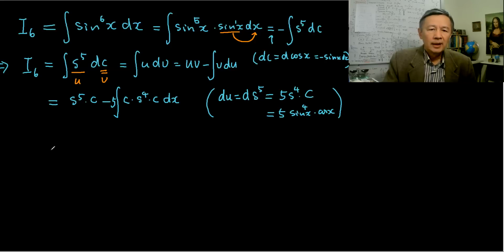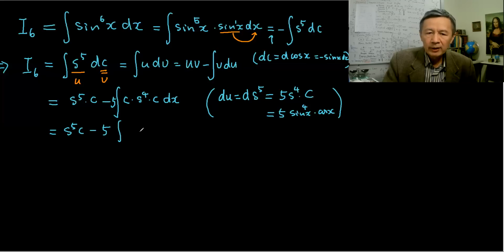Okay. Now, what can we do? We got c squared. We have an opportunity to rewrite this one, to simplify this expression. Before I go further, let me make it a little simpler. So that is 5, and that's c squared.